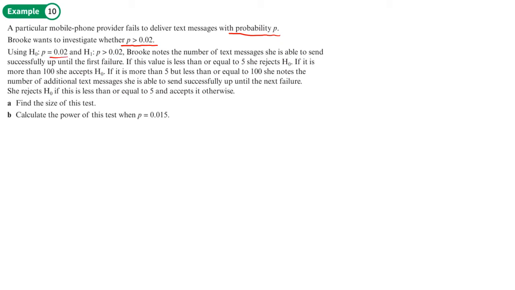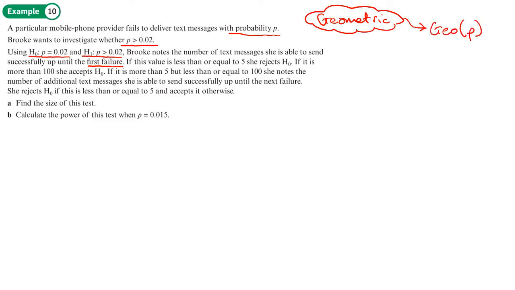So we're given H0, we're given H1, so it's going to be a one-tailed test, and Brooke notes the number of text messages she is able to send successfully up until the first failure. So when we get a failure, she stops. So this is telling me a geometric distribution. Always look out for clues that tell you the type of distribution.